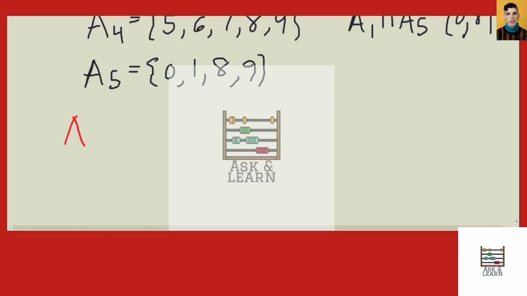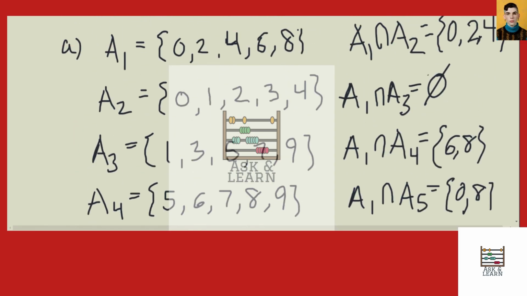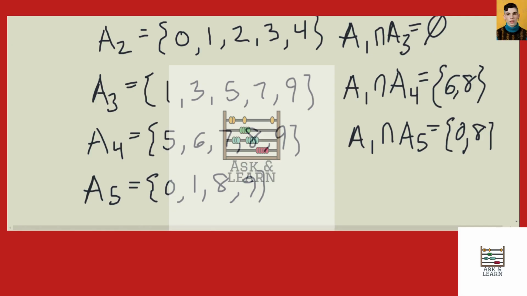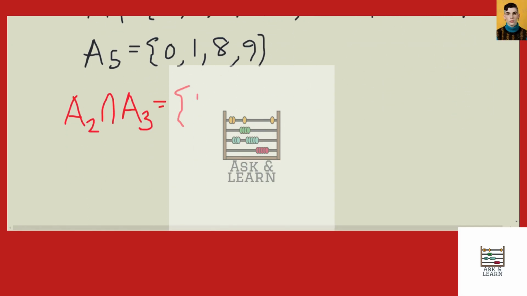And continuing in this way, we have A2 intersect A3. We see that 1 is contained in both, 3 is contained in both, and so this is a non-empty set. A2 intersect A4.